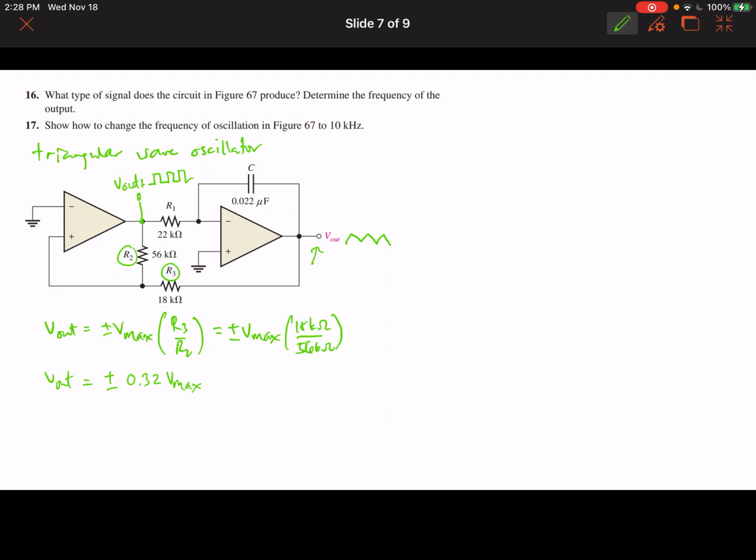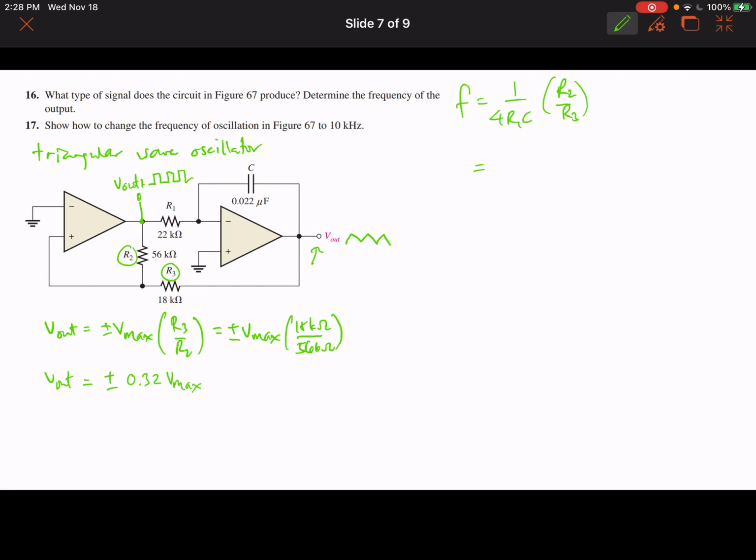Now for the frequency. The frequency is solved using this equation: 1 over 4 R1C times R2 over R3.